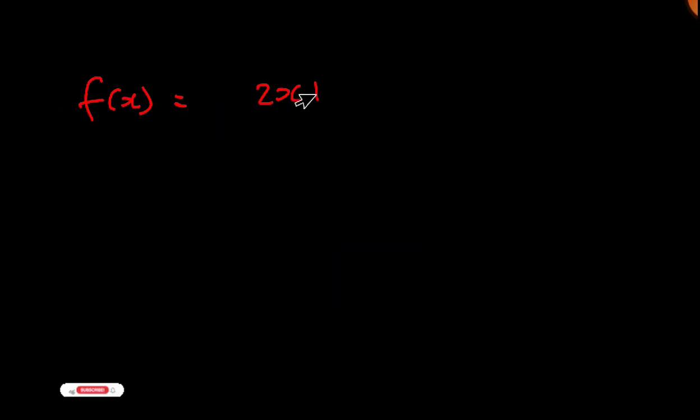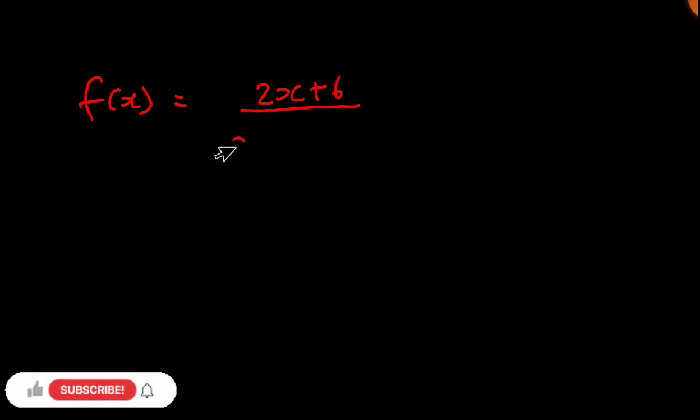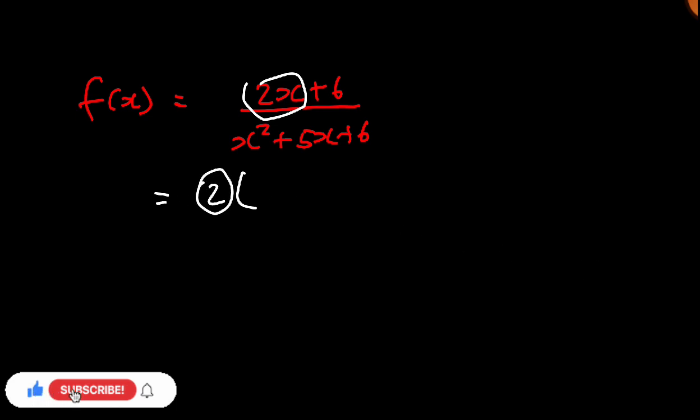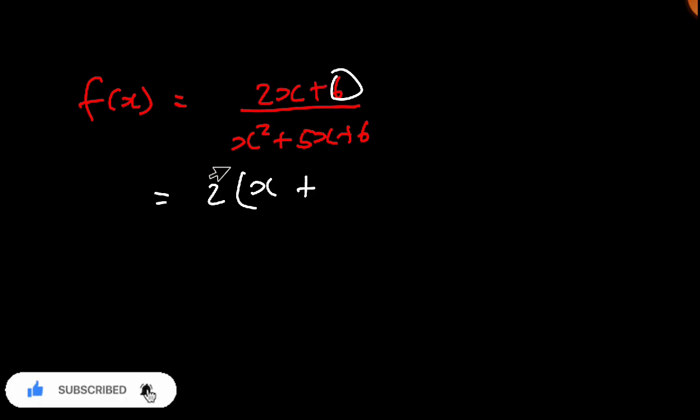So let's find the vertical asymptote of this function, f of x equals 2x plus 6 divided by x squared plus 5x plus 6. Now let's see if we can factor the numerator. Here we have 2x and 6, so 2 can go into 2x and 6. 2x divided by 2 gives us x, then plus 6 divided by 2 gives us 3.